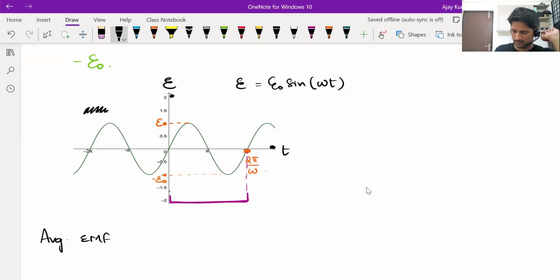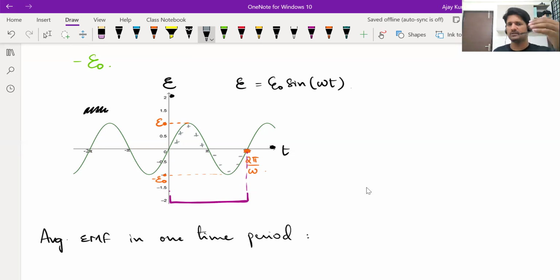How do you justify that it will be 0? Because this peak is the same and the minimum is also the same, and both of them cancel out. Okay. See, not just by looking at the maximum and minimum, whatever positive values the EMF takes, it will take the same negative values for the same amount of time. So the average over this interval is going to be 0.